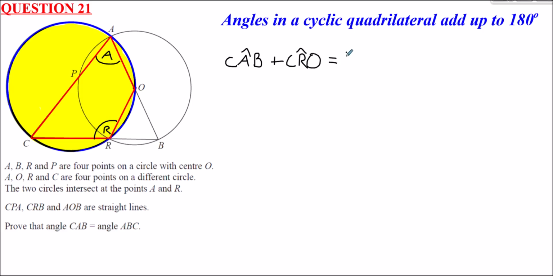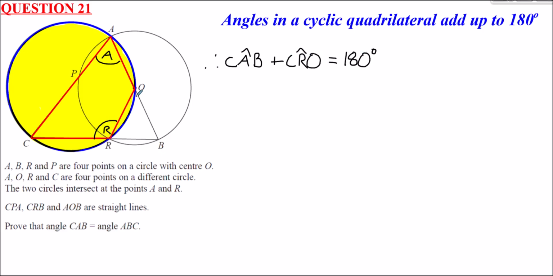That equals 180 degrees. And we need to state this circle theorem. So because angles in a cyclic quadrilateral add up to 180 degrees, therefore CAB plus CRO equals 180 degrees.